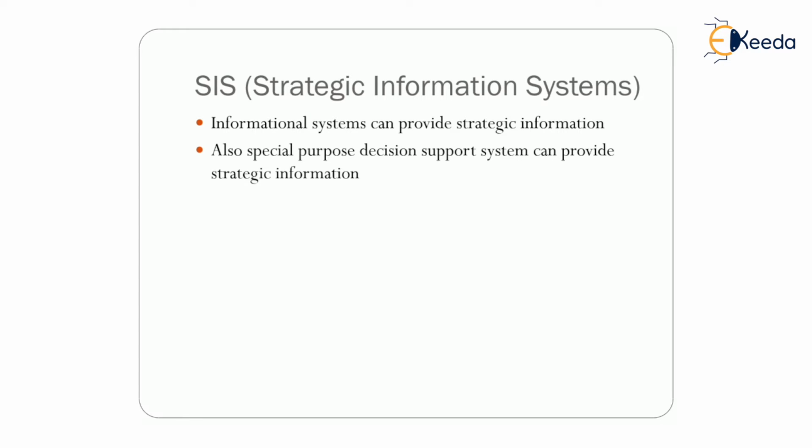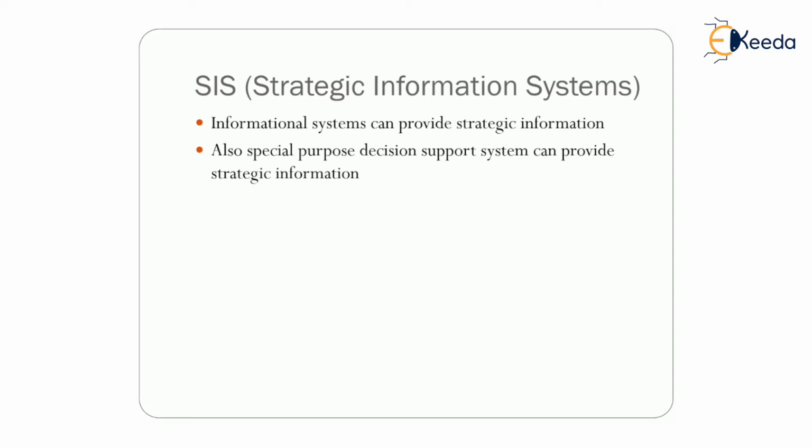Let's see strategic information systems. So, in order to handle the strategic information, there is a requirement of the systems or the computer systems or information systems. So, these systems are the strategic information systems. The information systems that can provide strategic information are the SIS, which is the abbreviation for Strategic Information System.